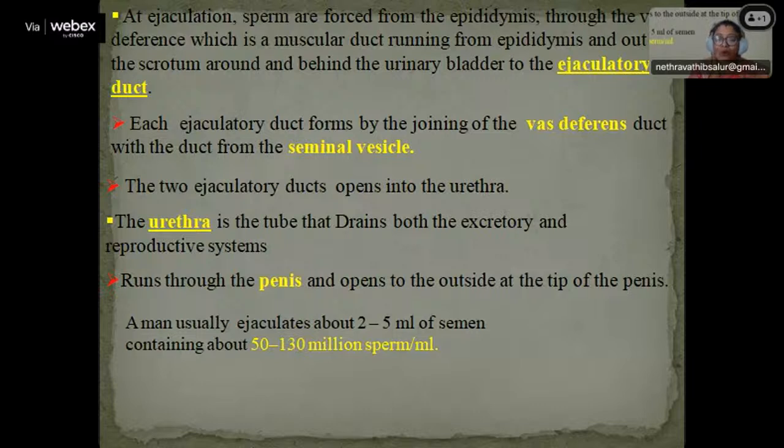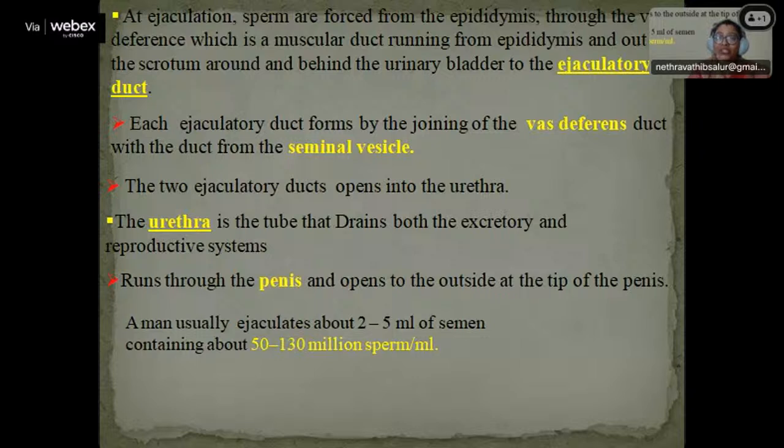Here, once the sperms are produced in the testis, they are moved through the accessory ducts. From the accessory ducts, they reach the ejaculatory duct. Here in the ejaculatory duct, the sperms mix with the semen produced by the accessory glands.